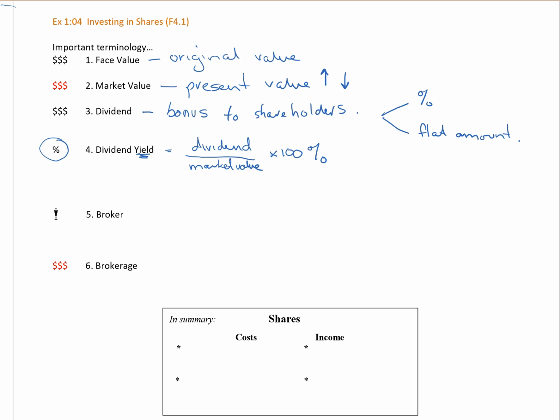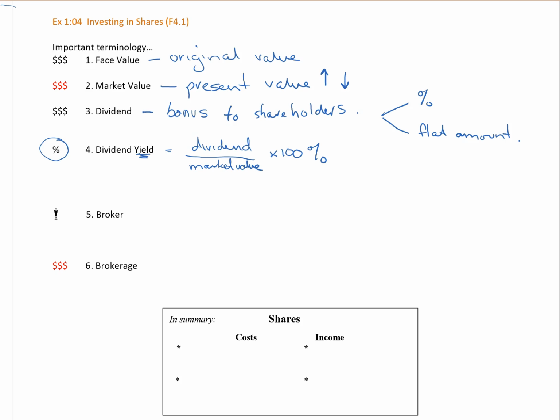I'd say that one of the most difficult things about any questions about shares is that each question will be different. So that makes it difficult, because you have to be prepared to do some particular process for one question, but a completely different one maybe for the next question.